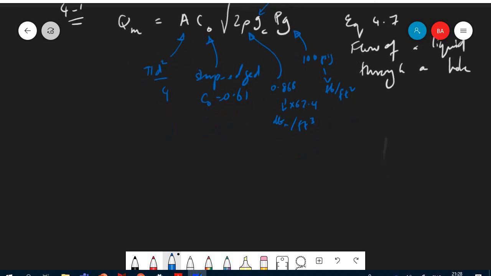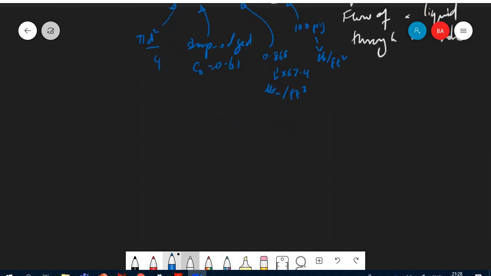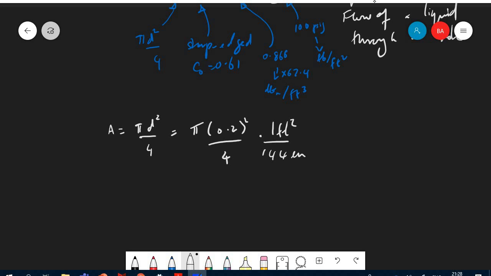So I just need to start solving the problem, and for that I'm going to start with the area, pi d squared over 4, which is pi times 0.2 squared over 4, and you make your conversion here, and you will get the answer to be 2.18 times 10 to the power minus 4 feet square. What about C naught? We said C naught is going to be 0.61 because it is sharp edged.